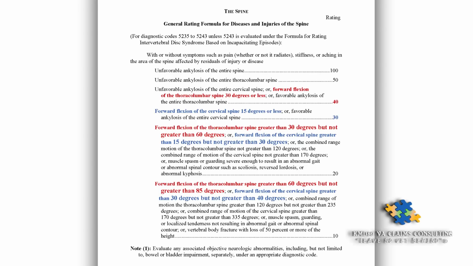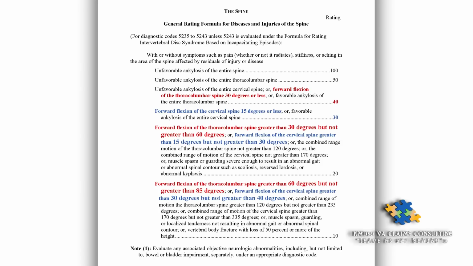Now, I did another video where I talk about the difference between rating decision and rating code sheet. On that rating code sheet, if you are service connected, it'll have all these diagnostic codes. It'll have the diagnosis, the percentage, and effective date. Okay, so what we're talking about is the diagnostic code.